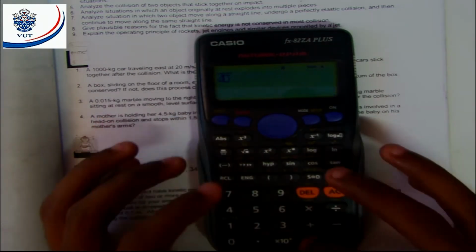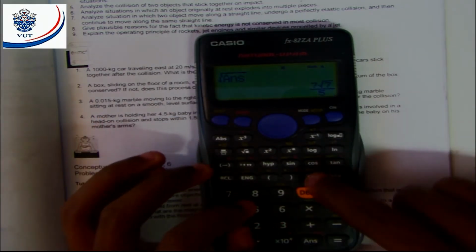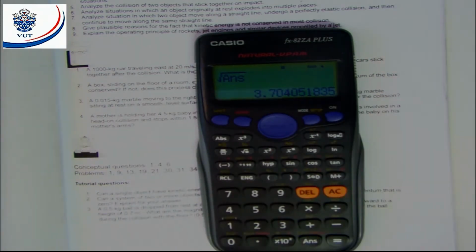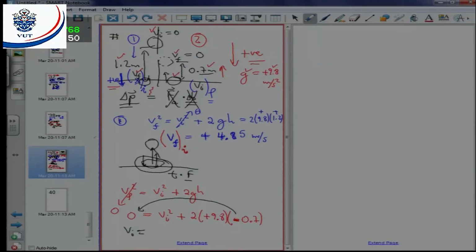You need the square root of the answer, and remember to press the S-D button. Then it's going to be 3.70. So Vi is equal to, and remember that Vi is going up, which is negative, so Vi is equal to negative 3.7.